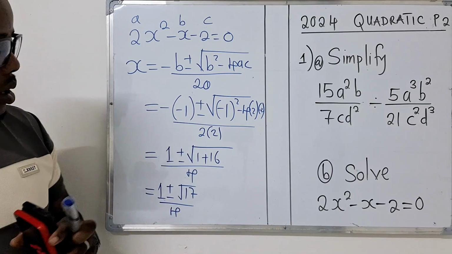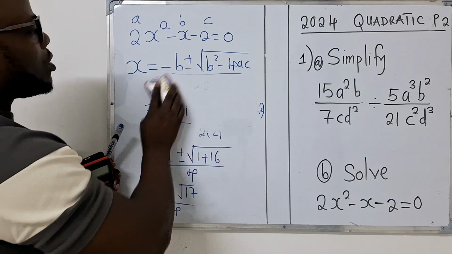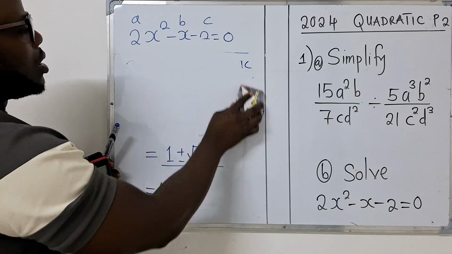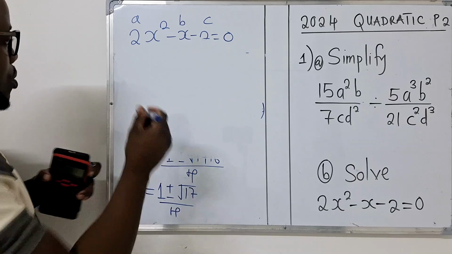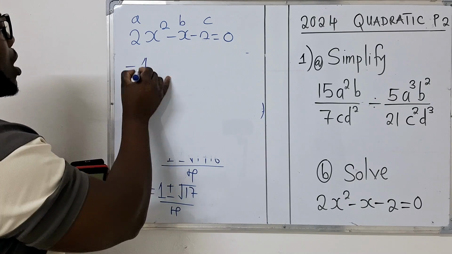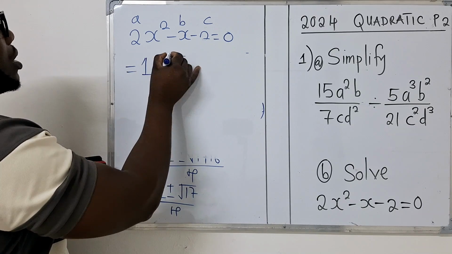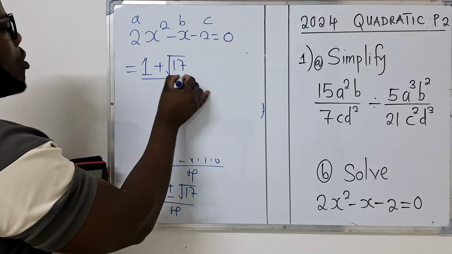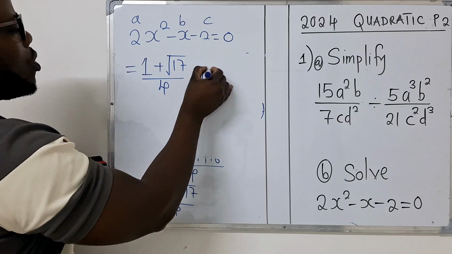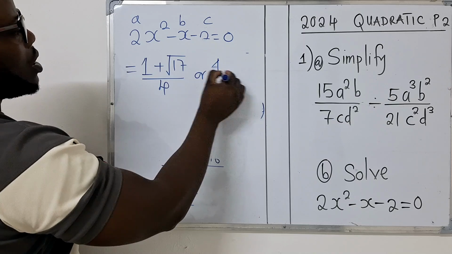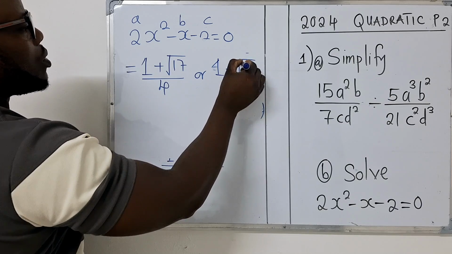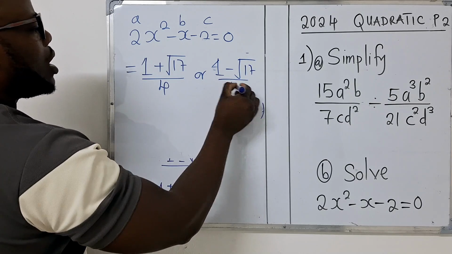Okay, let's clear some space. So from this stage, where we've got 1, we shall say 1 plus the square root of 17 over 4, or 1 minus the square root of 17 over 4.